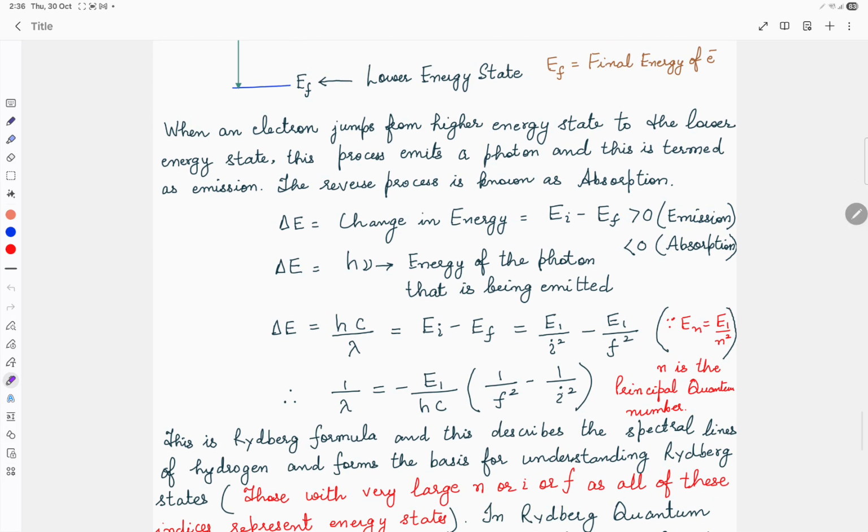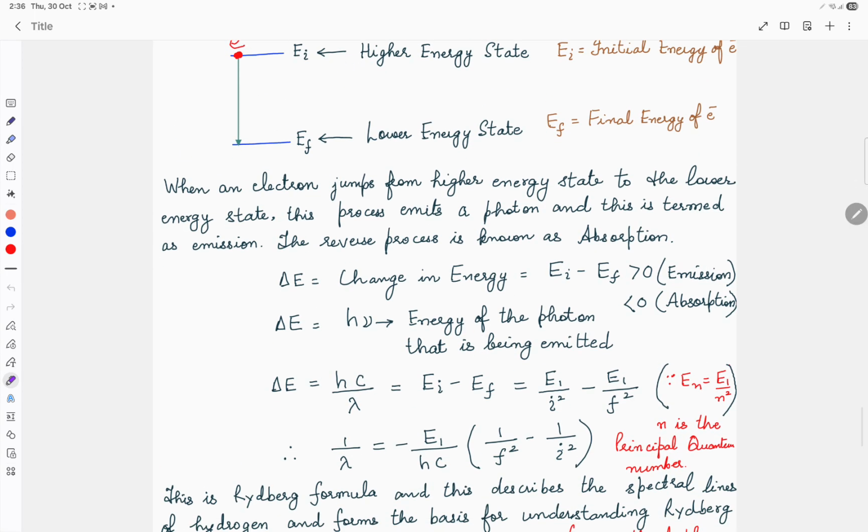that means the energy is being absorbed. Because of this jump of the electron from the higher energy state to the lower energy state, a photon will be emitted. The energy of the photon will be equal to delta E, and it is given by h nu. This is from the photoelectric effect. Now nu we can replace with c by lambda, and this is equal to Ei minus Ef. We also know that the energy Ei is equal to E1, the first energy level, divided by i squared.